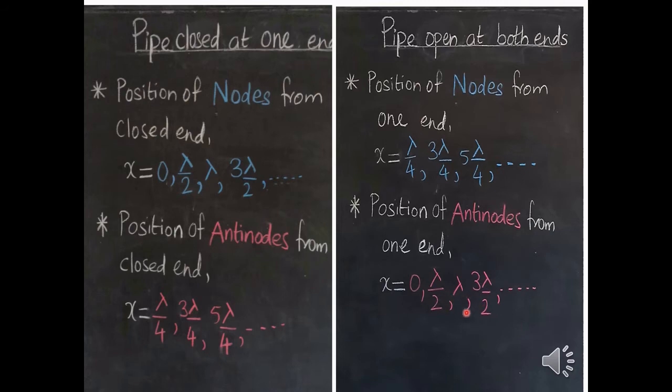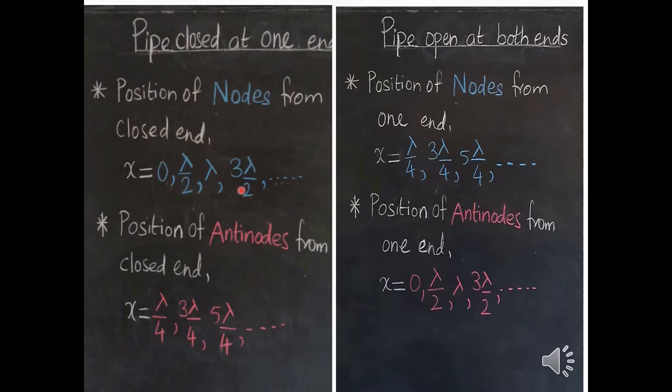The distance between two consecutive antinodes is lambda by 2. Now as here again nodes and antinodes are alternately formed, if the antinode is formed at the end, the position of the adjacent node is lambda by 4. Then the next antinode is at lambda by 2. The next adjacent node is at 3 lambda by 4 and so on.